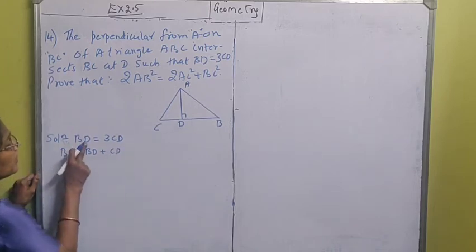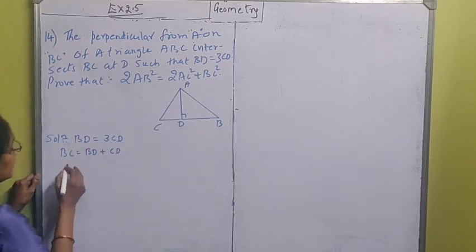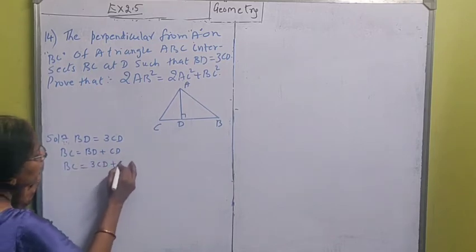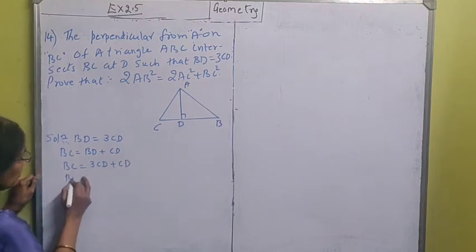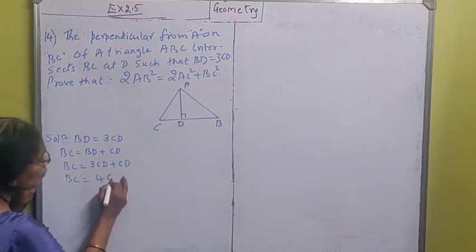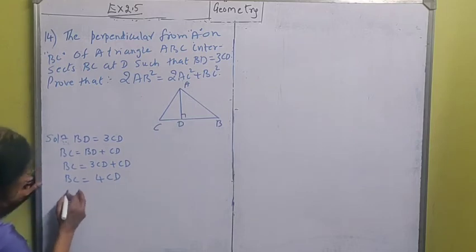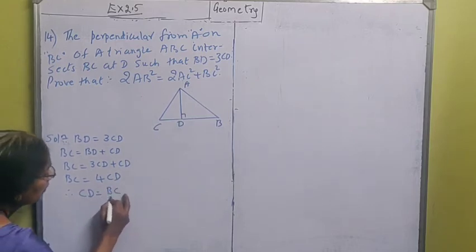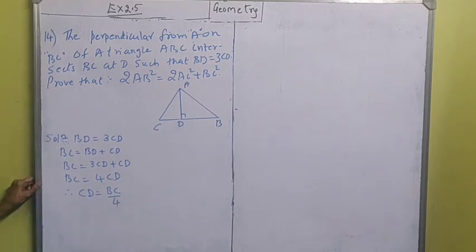But BD is given as thrice CD, so BC is equal to 3CD plus CD. So BC is equal to 4CD. Therefore, CD is equal to BC by 4.